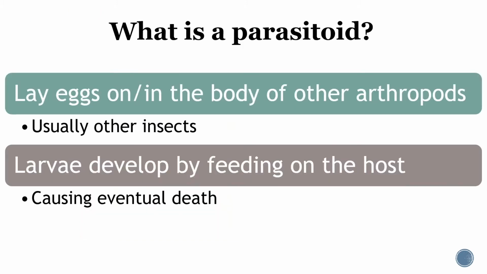First, what is a parasitoid? Parasitoids lay their eggs on or in the body of other arthropods, usually other insects. The larva from this egg is going to develop by feeding on the host, in this case the wheat stem sawfly, causing its eventual death, and thus preventing more losses that could be caused by the sawfly.